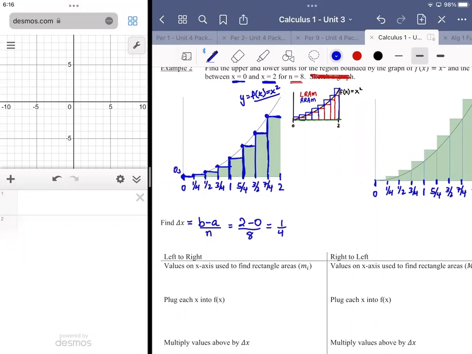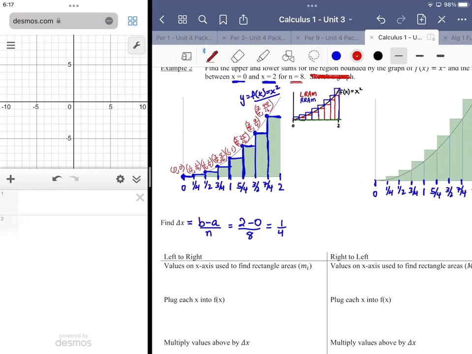So the coordinates are really what we're after here. This is going to get a little tight, so I'm going to write it smaller, and I'll do it in red. (0, 0), (1/4, 1/16), (1/2, 1/4), (3/4, 9/16), and so on up the line. (1, 1), (5/4, 25/16), (3/2, 9/4), (7/4, 49/16).